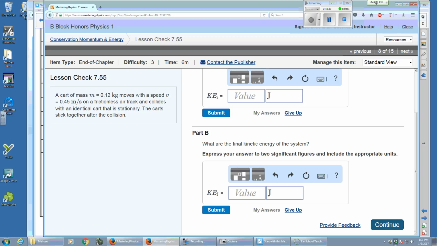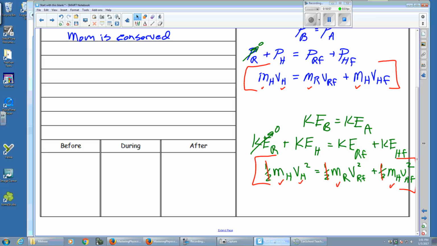But we know that momentum is. So you've got to approach it through momentum, saying the momentum of the glider before equals the momentum of the two gliders together afterwards. Find its velocity from that, and then you can find its kinetic energy.